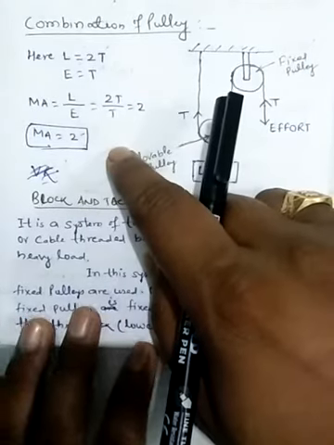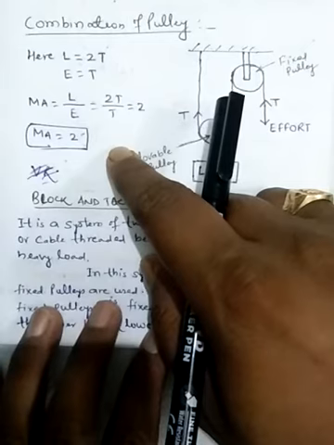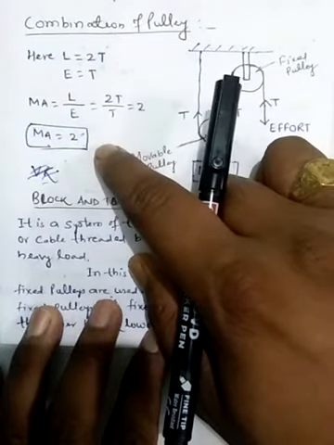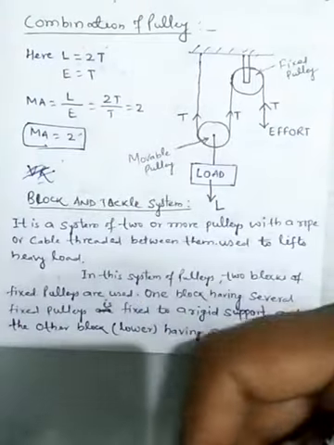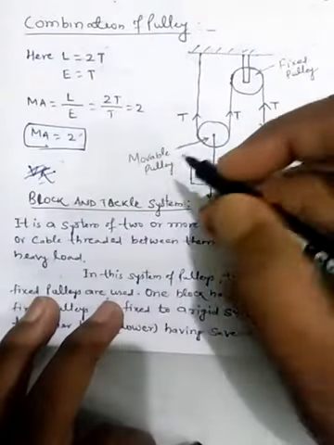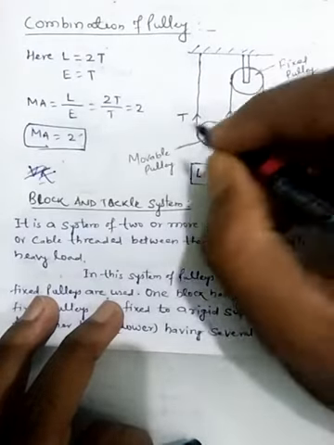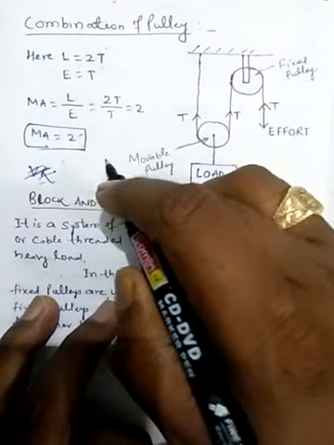This is the mechanical advantage if this system acts as an ideal system, that is, the efficiency of this system is 100%. At this condition mechanical advantage will be equal to 2.